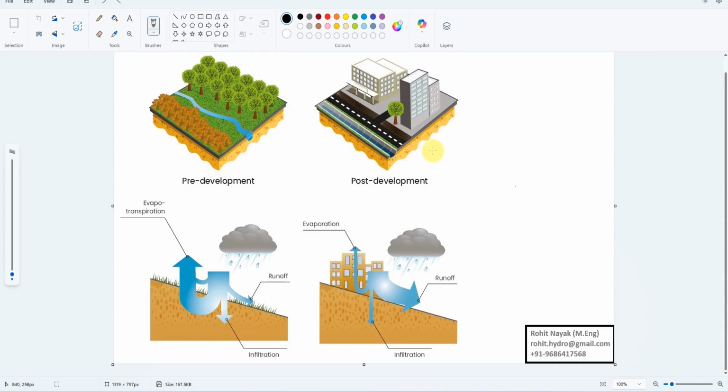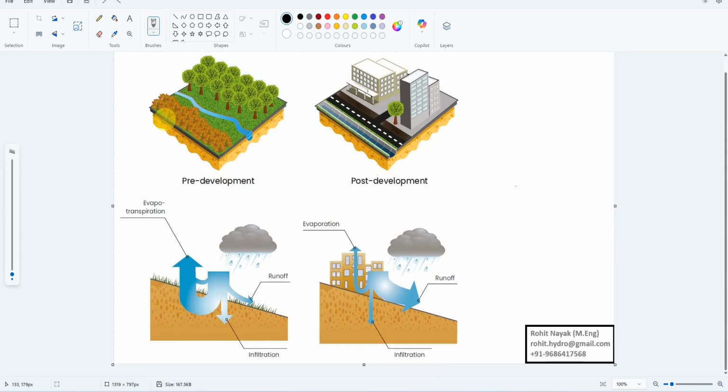Based on that, we give our proposal on how much volume of runoff water we have to detain, and propose our storm drainage strategy, either to retain it or detain it. It is based on our calculation of pre-development and post-development runoff.